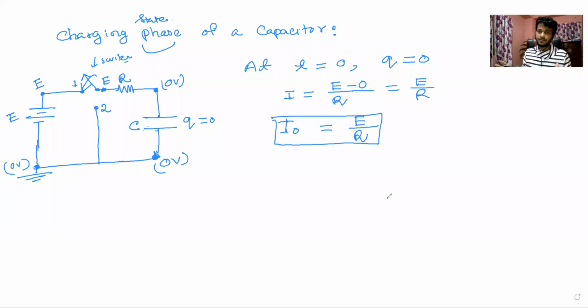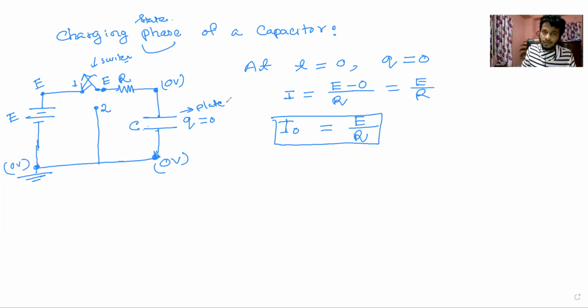So this is the scenario at time t equals 0. After a small amount of time has elapsed, what will happen? Look, this conductor has both positive charge and negative charge in equal proportion, isn't it? This is plate 1, right?